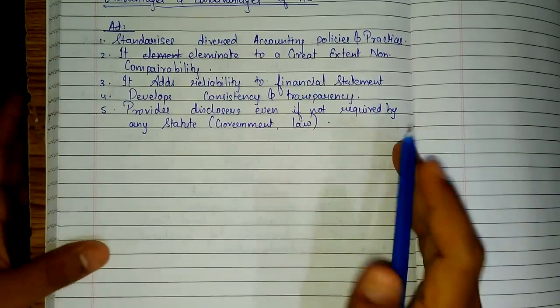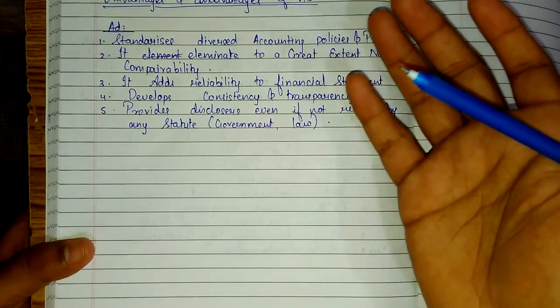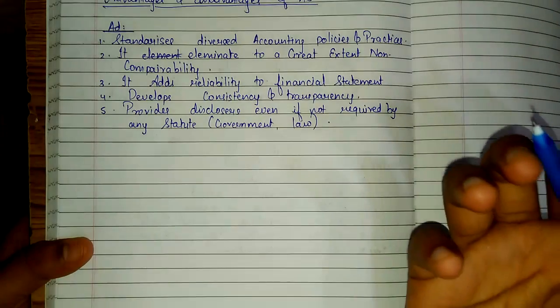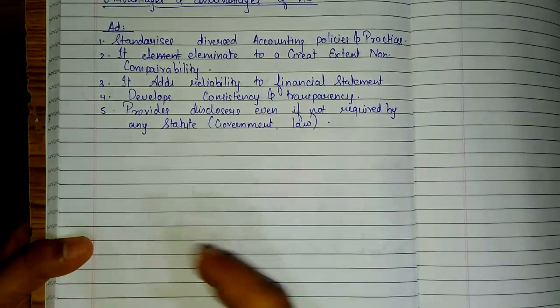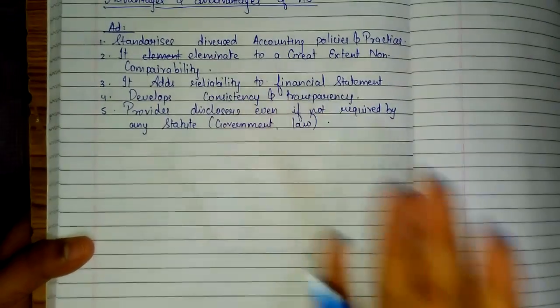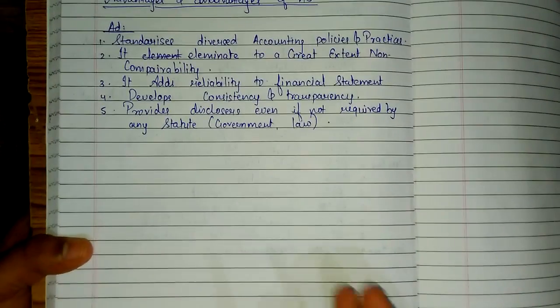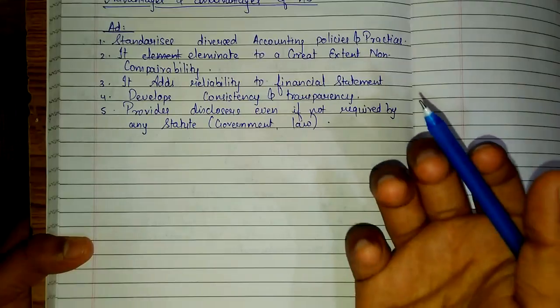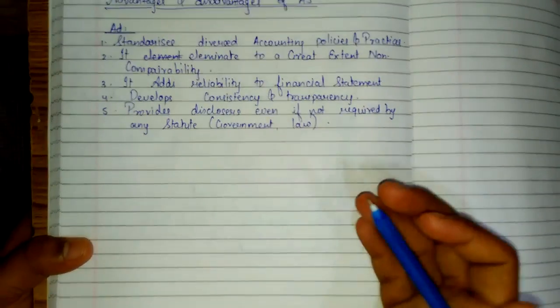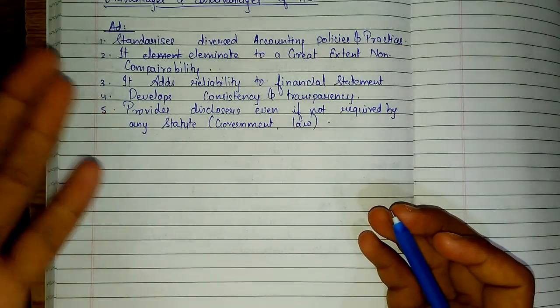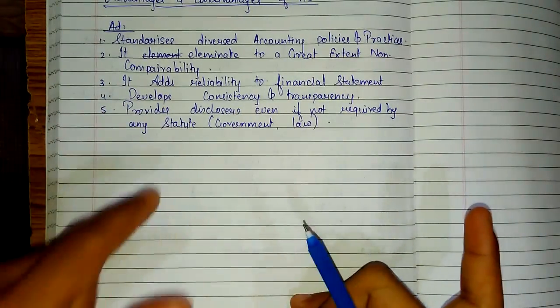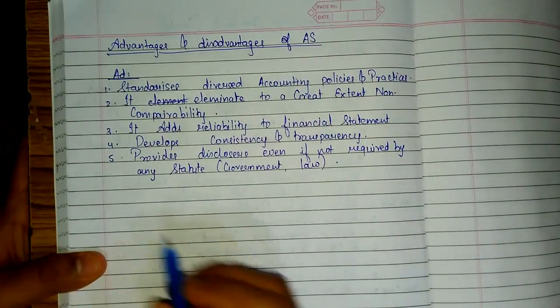So disclosure is something like what we have done in a financial statement. If we have revalued any of our assets, in the disclosure we'll write we have revalued the asset as per the market value. So disclosure means telling the person who is reading the financial statement, for its better understanding, why such changes were done, why revaluation of the assets was done. I hope you all are understanding that.